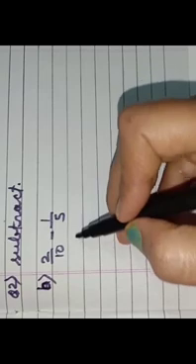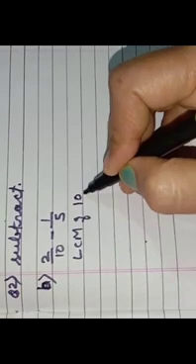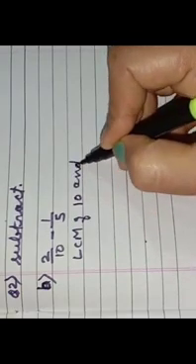Okay. Here we see that these are unlike fractions. And to solve it, first of all we have to make them like fractions. For this, we find LCM of denominators, that are 10 and 5. We find LCM this side, as we know 10, 5.